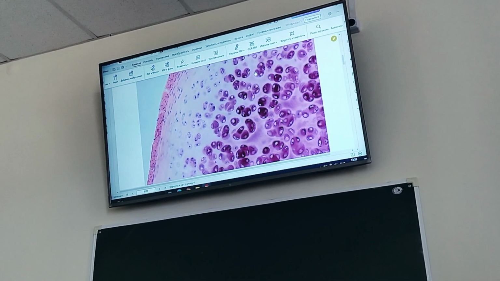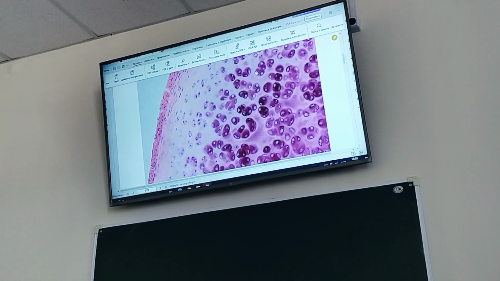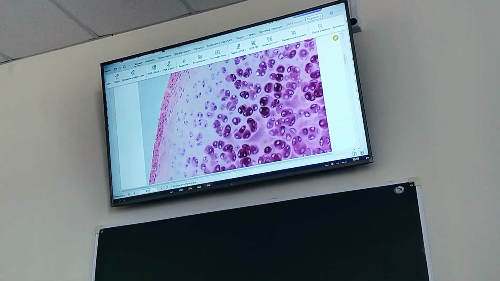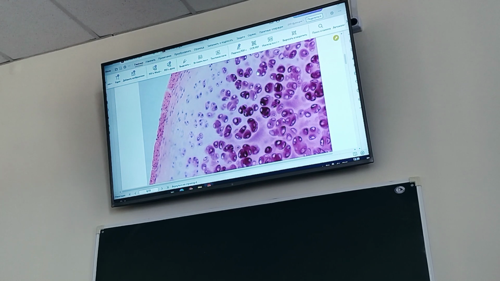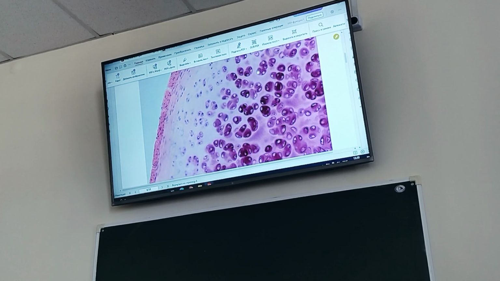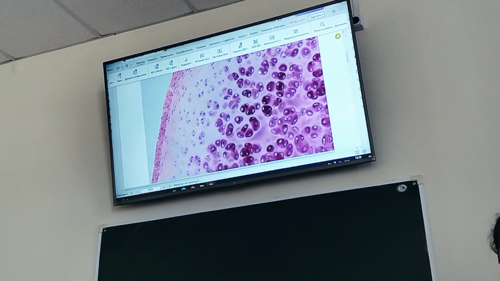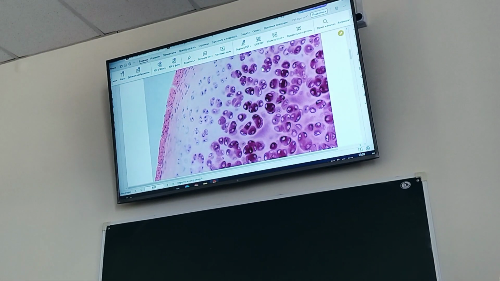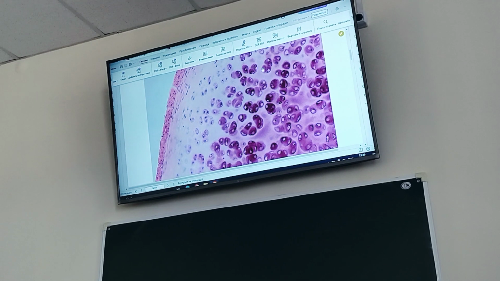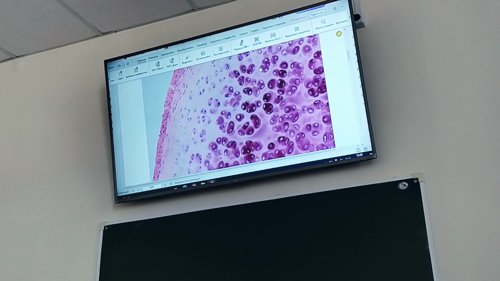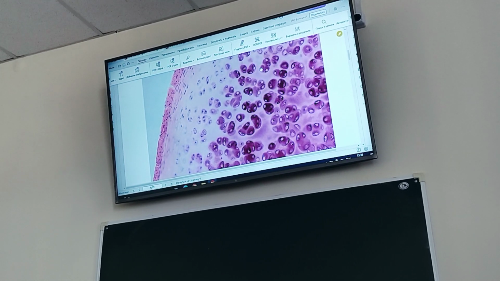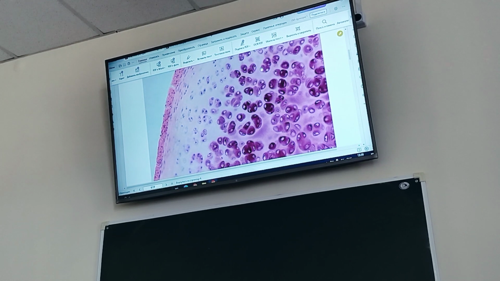In high magnification, what is the most remarkable, the most recognizable property? Isogenous groups. If I see large rounded cells with whitish cytoplasm, these are chondrocytes.